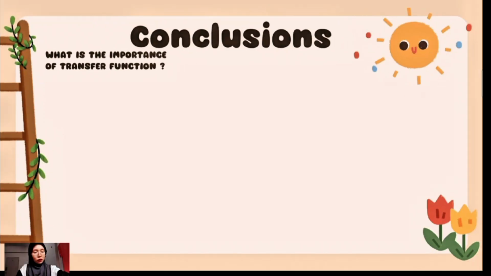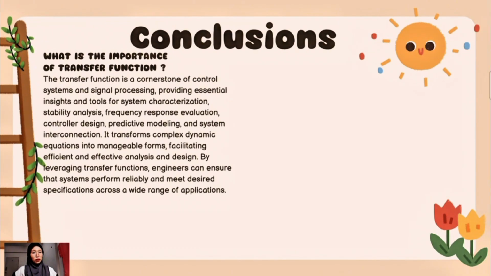So the first conclusion is the importance of the transfer function. The transfer function is a cornerstone of control systems and signal processing, providing essential insight and tools for system characterization, stability analysis, frequency response evaluation, control design, predictive modeling, and system interconnection.